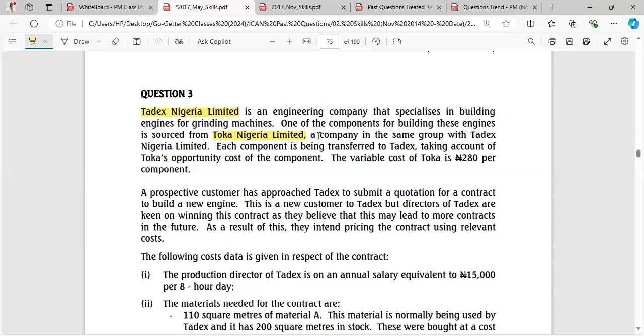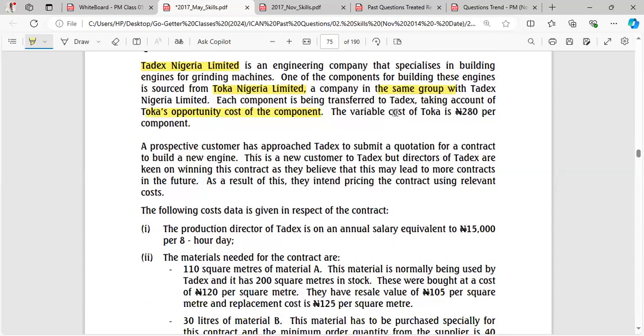And we are told that Toka is a company in the same group with Tadex. Each component is transferred to Tadex, taking account of Toka's opportunity cost of the component. The variable cost of Toka is 280 per component.